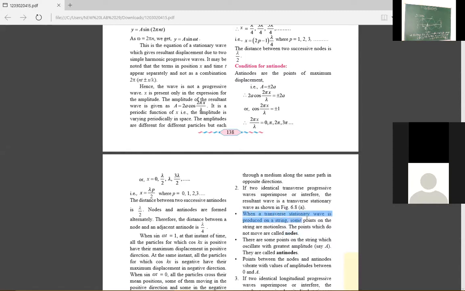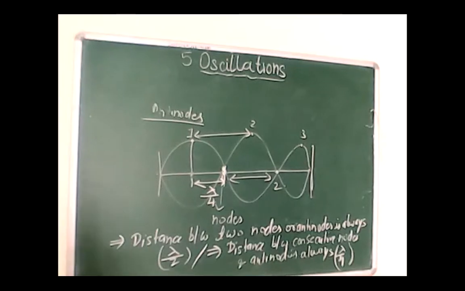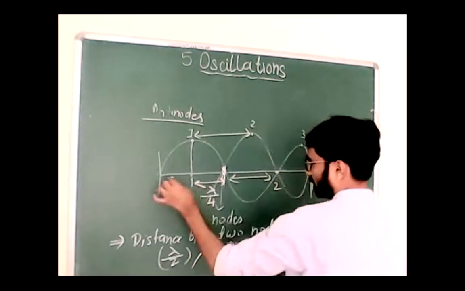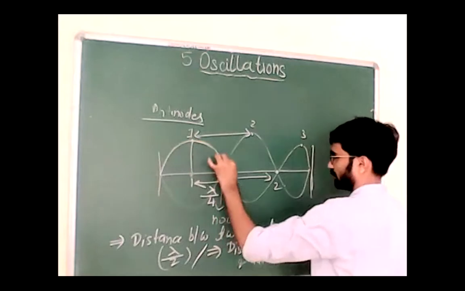When a transverse stationary wave is produced on a string, some points on the string are motionless. The points which do not move are called... Okay. Let's understand this. Come back to the board. Here we have the graph.